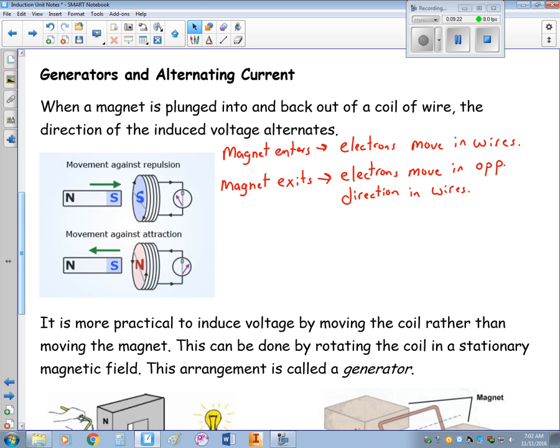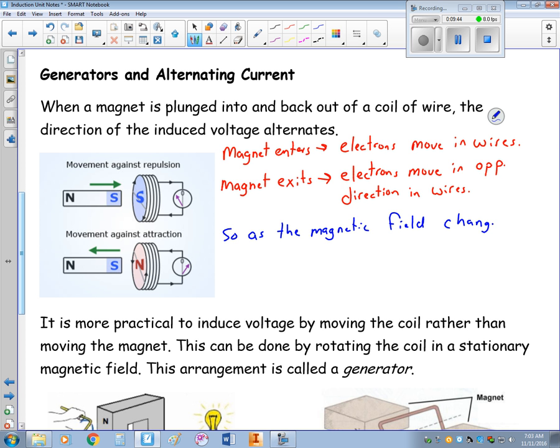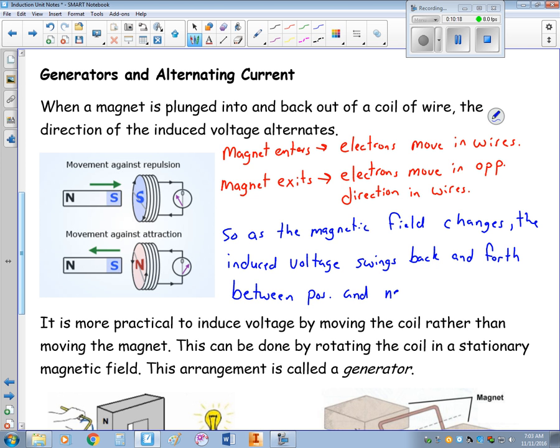So as the magnetic field changes, the induced voltage changes, or it alternates between positive and negative, what we determine to be positive and negative directions. So we determined that one way is a positive voltage and the other way is a negative voltage.